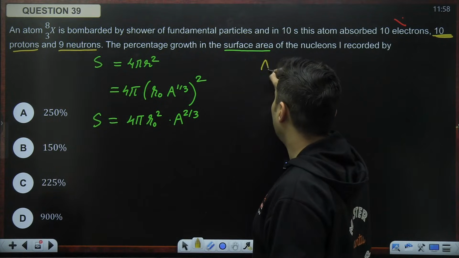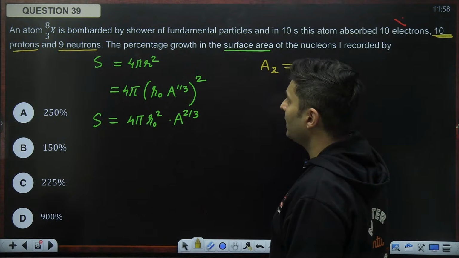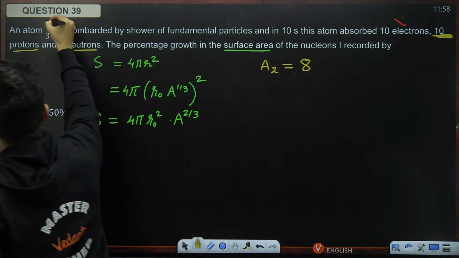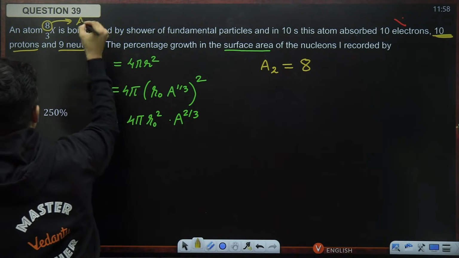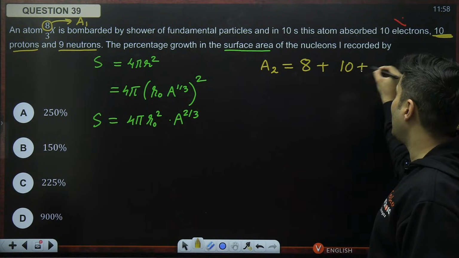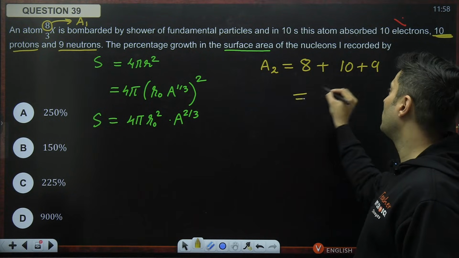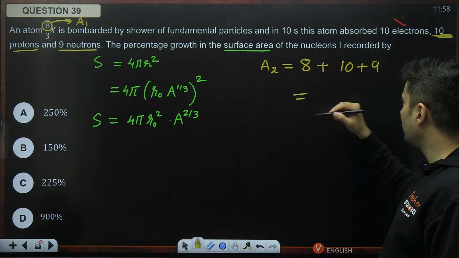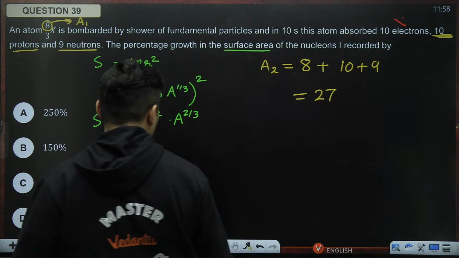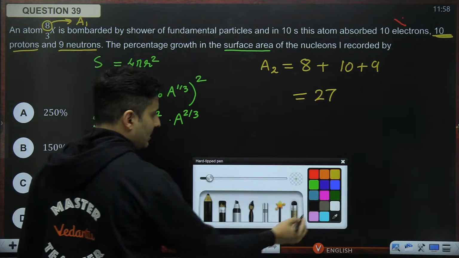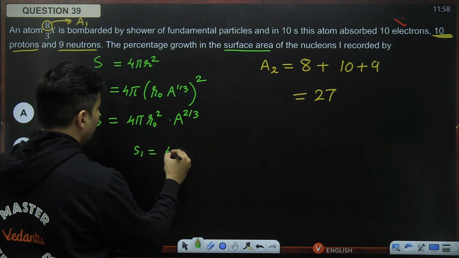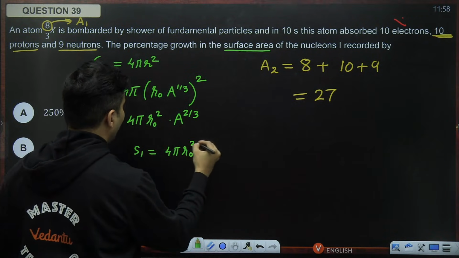So the final number of nucleons will be the initial 8 plus 10 protons and 9 neutrons, that is nothing but 27.